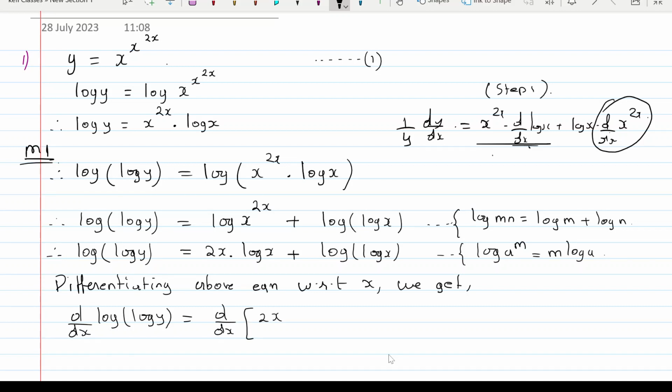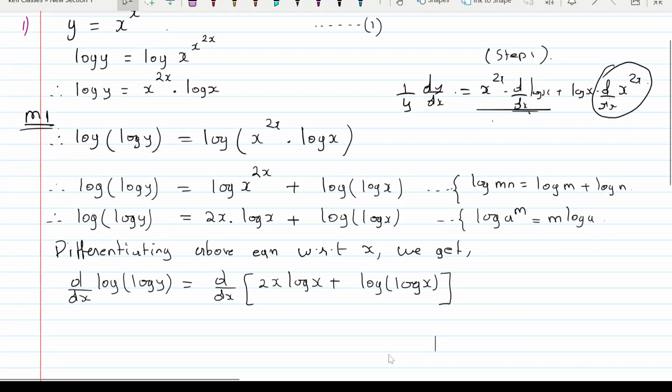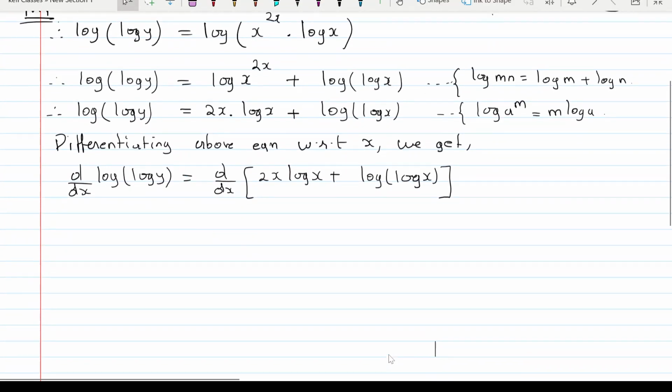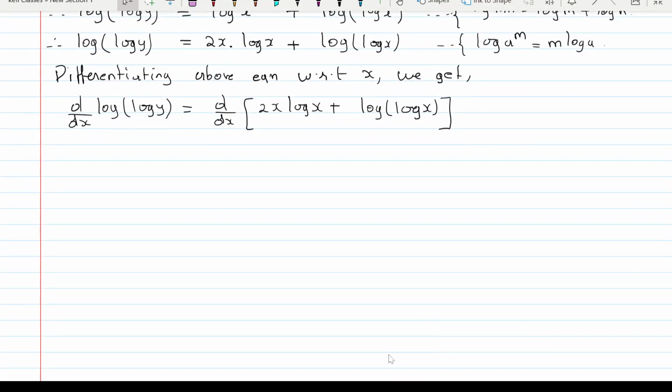So it's 2x log x plus log of log x. Okay?